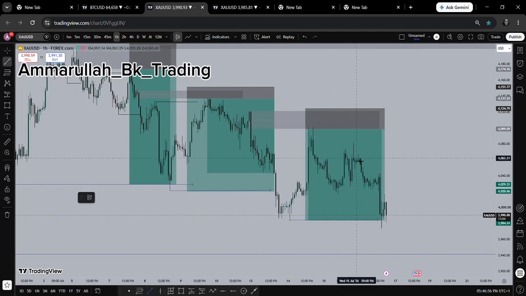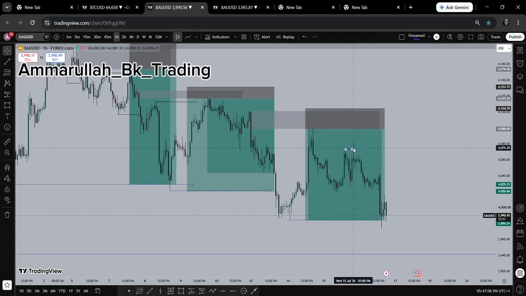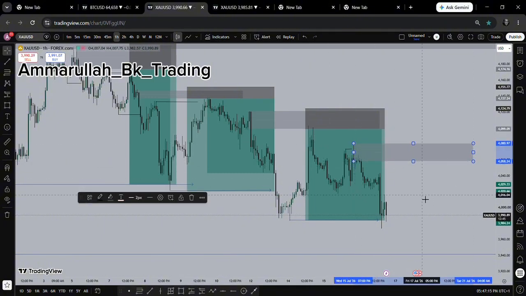Clearly, as I tell you, this is the inducement. Then after creating the inducement, the market came back, and this particular candle is the candle that took out the inducement. So that is our next point of interest. That makes it our next point of interest.